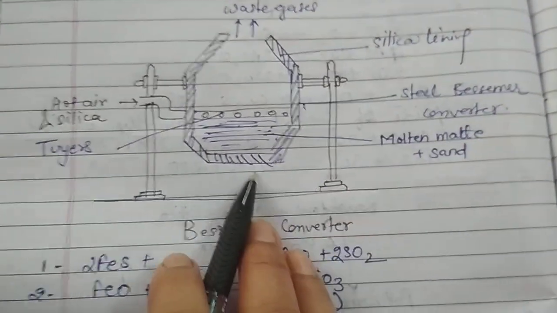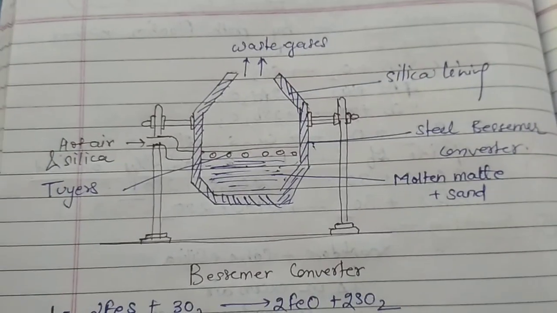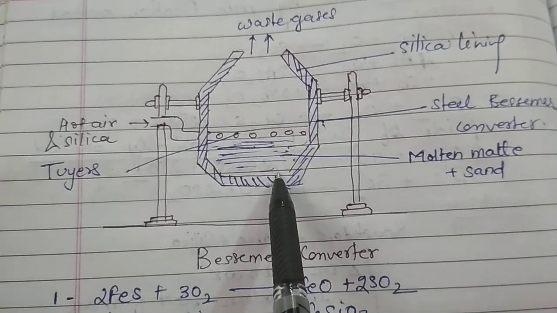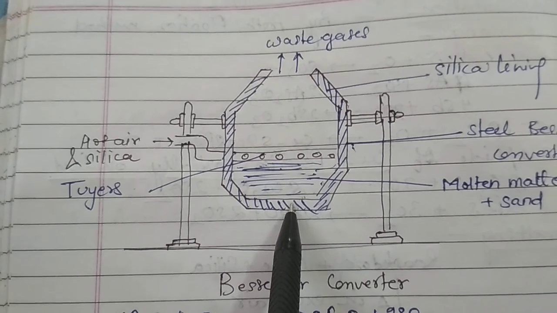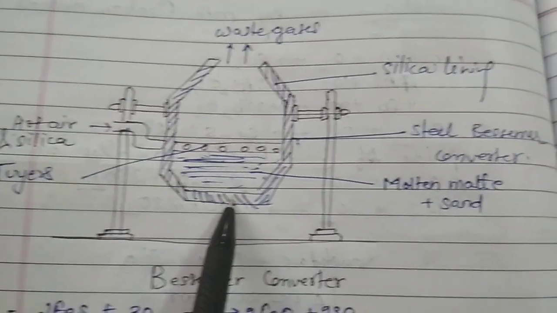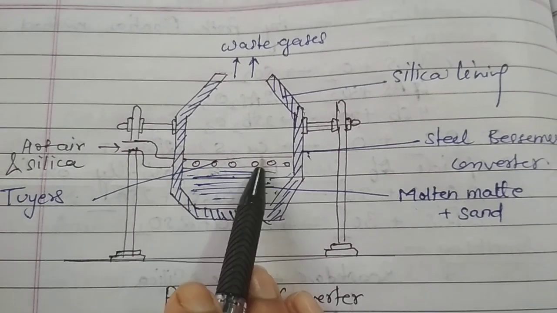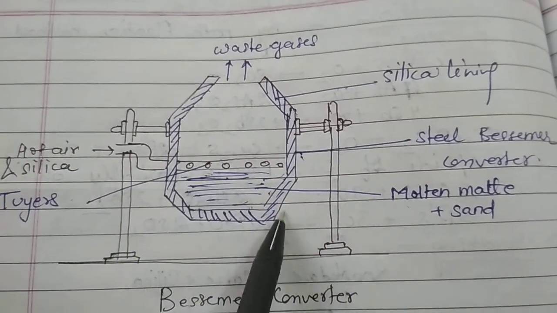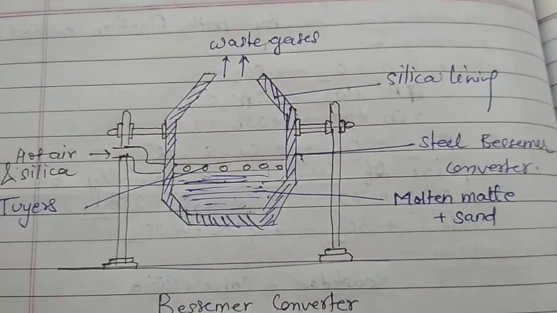Here we are to take an apparatus known as the Bessemer converter, which is a pear-shaped steel vessel having the twiers attached to it, and it is mounted such that it can be tilted in any direction.